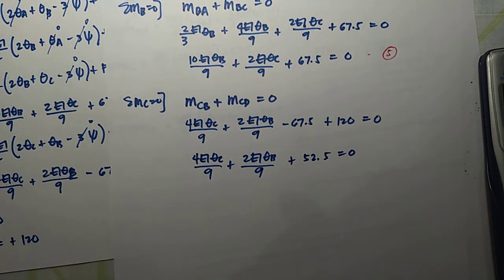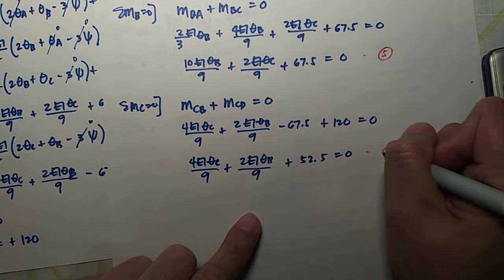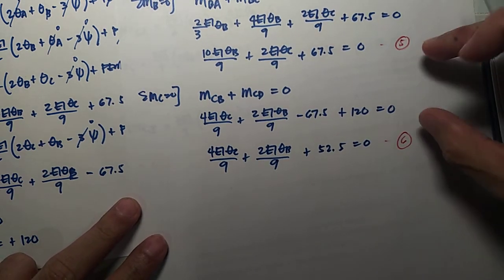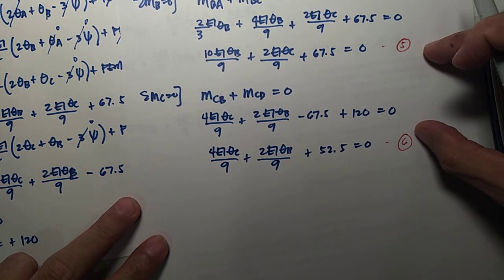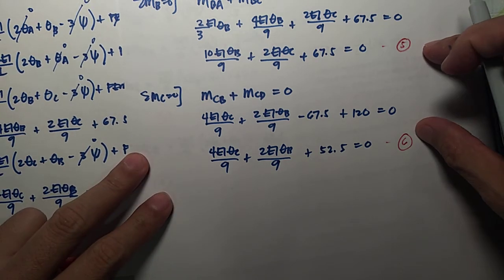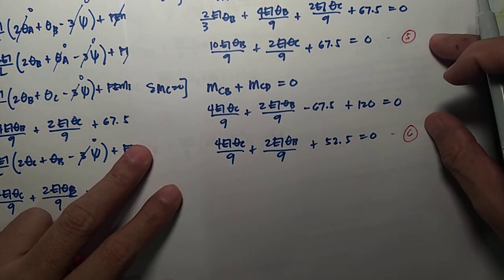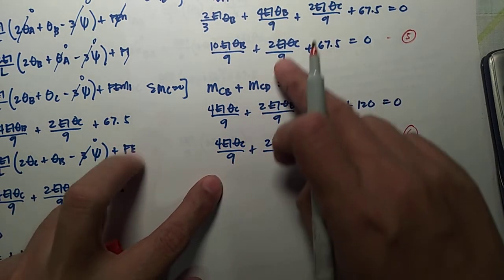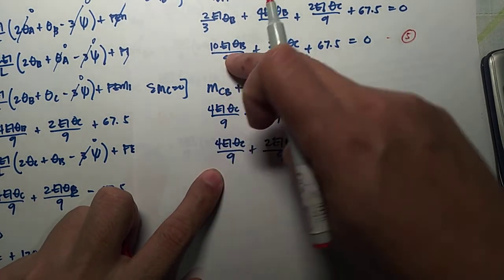So let us call it as equation number 6. So as you can see, solving 5 and 6 as simultaneous equations, I can solve for the values of theta B and theta C.